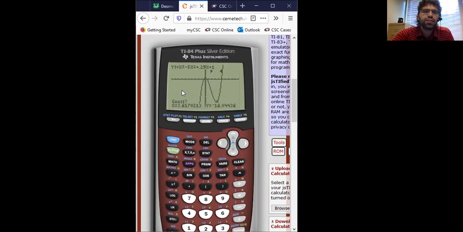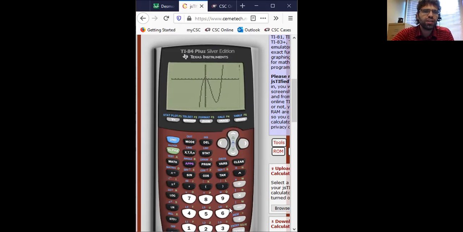Now we're being asked for a guess. This doesn't really matter, but our calculator is asking us, so whereabouts between this left and this right bound do we think our minimum is? We can scroll around with the left and the right arrows. Our minimum's about there.